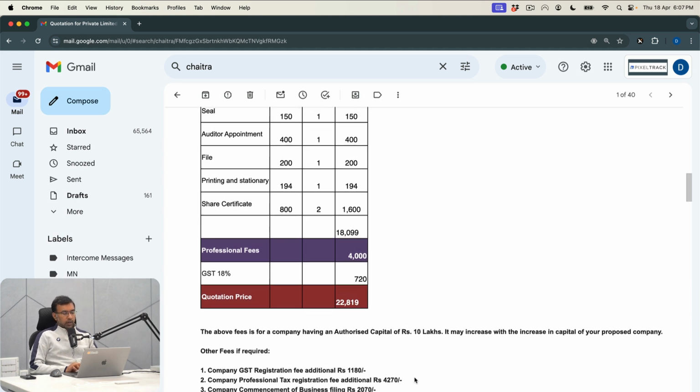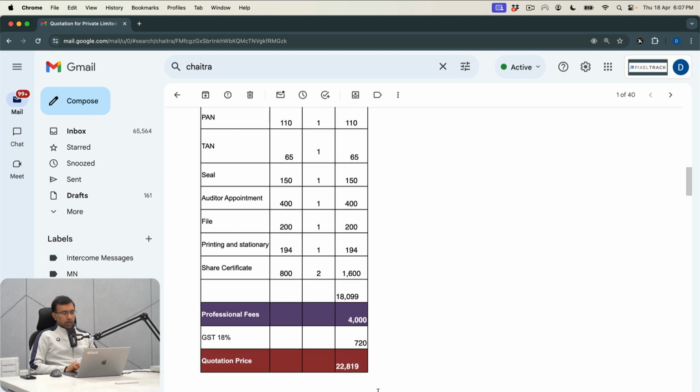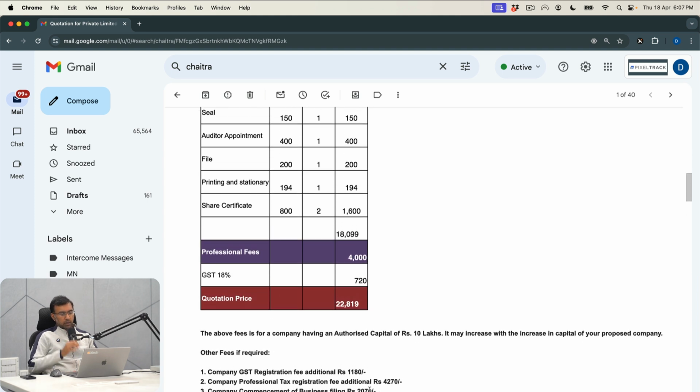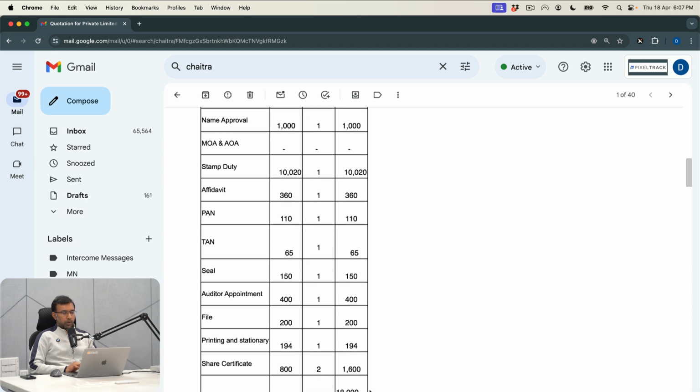That's how it is. And then company commencement of business filing, 2070. I mean, you are doing all this to start a business, right? And I don't know what company commencement is separately, but you can see that I am not very fascinated or very happy with the amount of paperwork that is there in starting a company, but it is what it is. You have to do what you have to do.